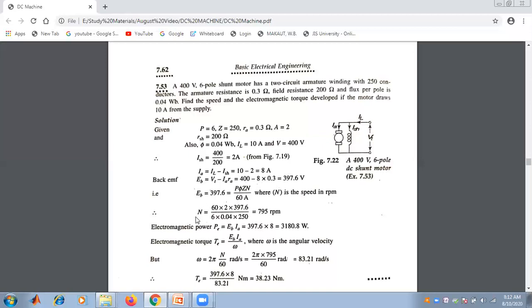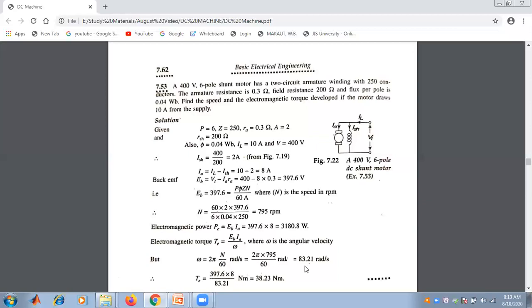After putting all those values, we find the speed is 795 RPM. So we have found the speed, and now the electromagnetic torque developed. The electrical equivalent of the mechanical power output is EB into IA, that is 397.6 into 8, which is 3180.8 watt. So torque we all know is EB IA by omega, where omega equal to 2 pi N by 60.